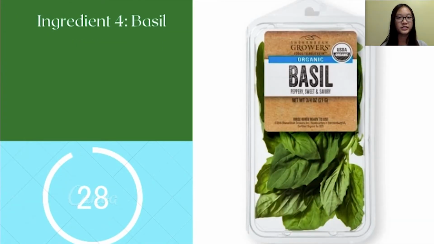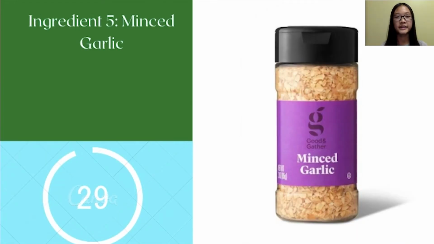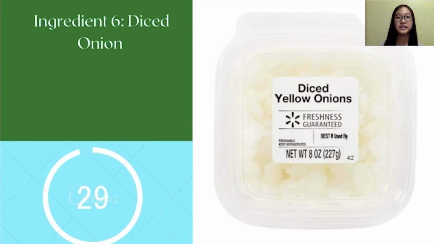The fourth ingredient is fresh basil. And the fifth ingredient is minced garlic. The final ingredient is diced onion.